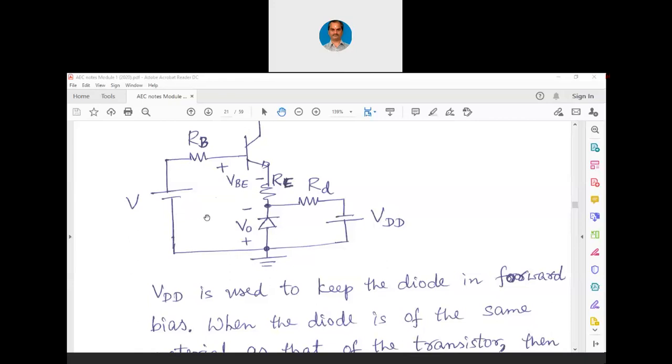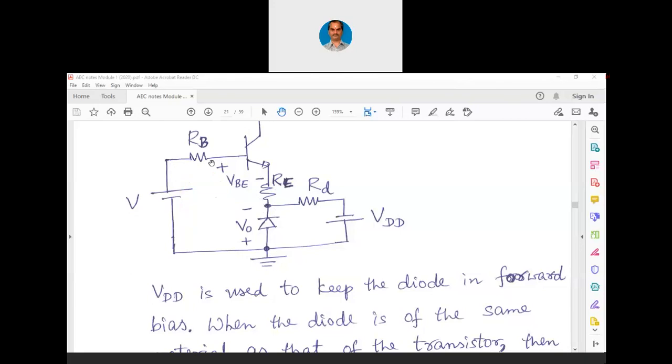So accordingly, if you apply a KVL here, let me annotate this input loop. When we apply a KVL here like this, now we are going from negative to positive. So V minus IBRB minus VBE minus IERE plus V0, because we are going again from negative to positive, plus V0 equals 0. That is how we apply KVL.